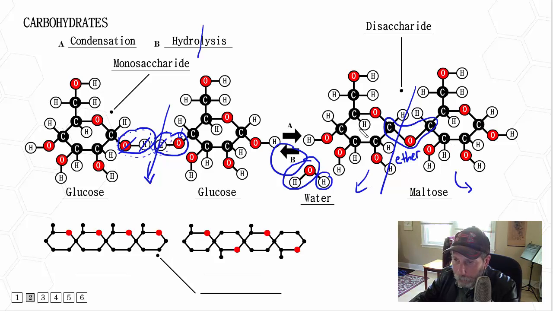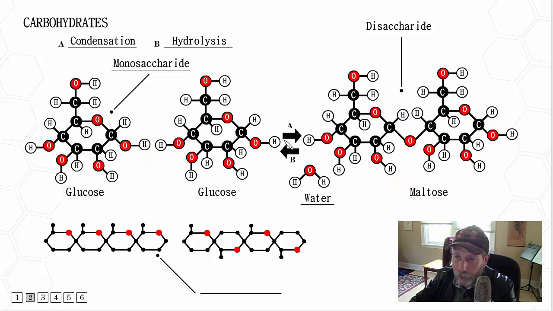So we can split disaccharides by hydrolysis reactions, which are essentially the reverse of condensation reactions. And the linkage that we are splitting with water is an ether linkage. If you take an ether linkage and put water into it, you generate two hydroxyl groups, and of course, the rest of the molecules. So, there's a little bit of review on monosaccharides, disaccharides, condensation, and hydrolysis.